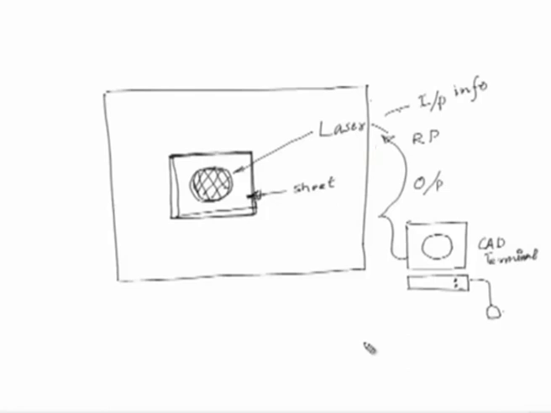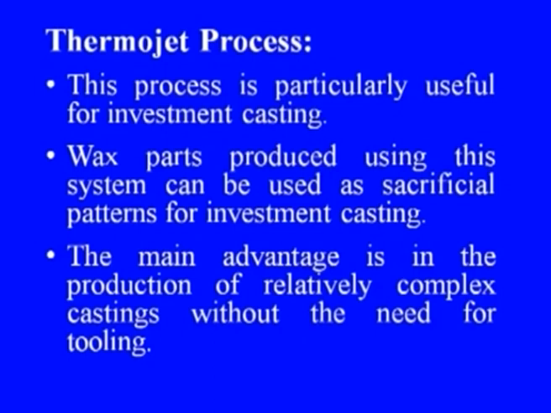Now, let us look into another process in this series. This is called the thermojet process. Let us discuss this thermojet process first. This process is particularly useful for investment casting process. As I have already indicated, these rapid prototyping products are many a time intermediate input to some other processes in the manufacturing shop.